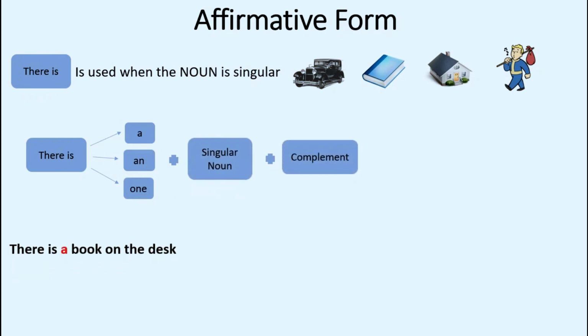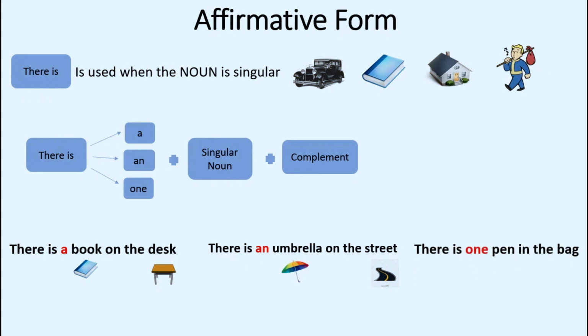For example, I'm going to say there is a book on the desk, which means one book on the desk. I can say there is an umbrella on the street. Umbrella, which means one umbrella. I can even say there is one pen in the bag.